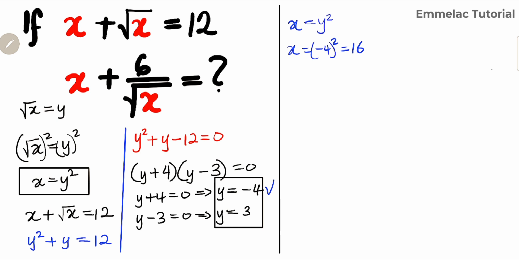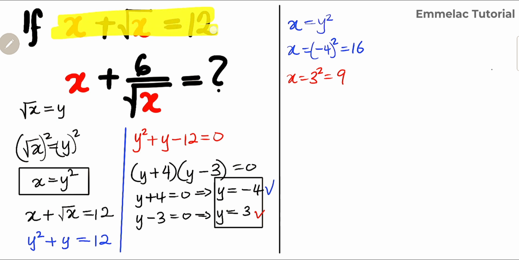For when y equals 3, x equals 3 raised to 2, which gives us 9. These are the two solutions for x, but let us see which one actually satisfies this particular equation.